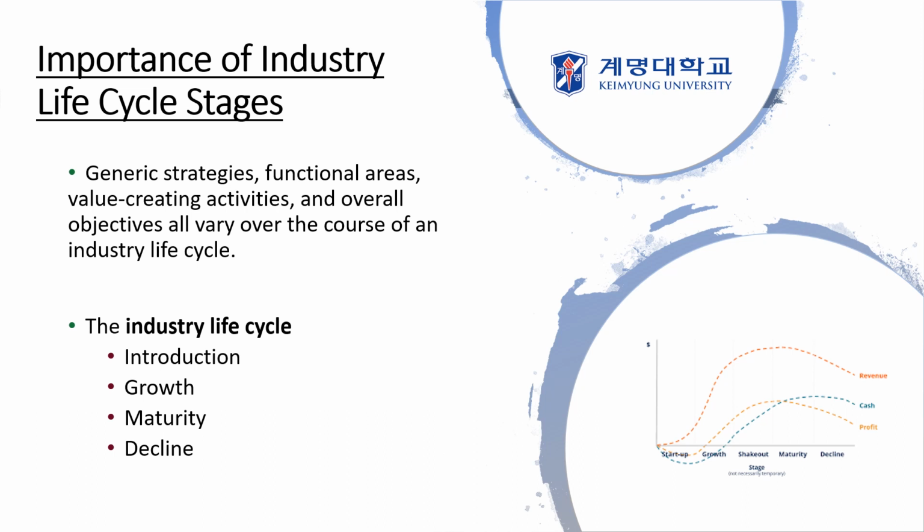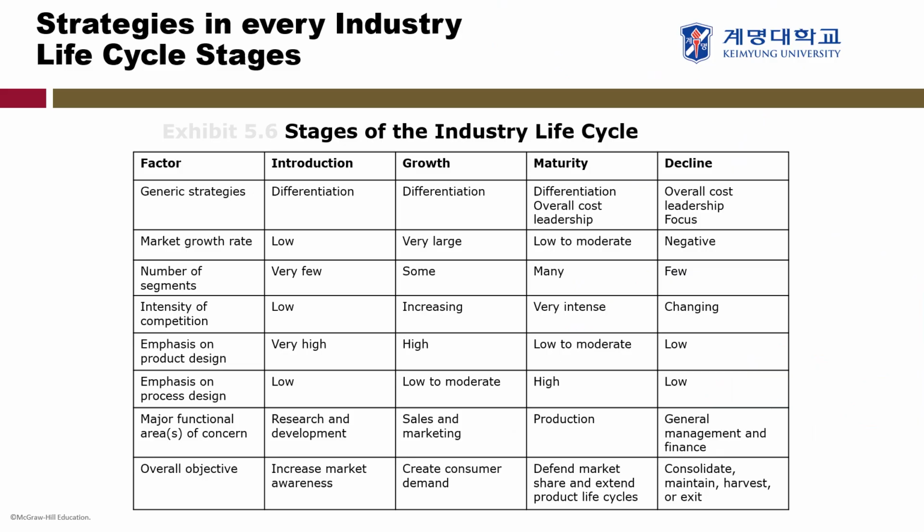The maturity stage of an industry can be transformed or followed by a stage of rapid growth, if consumer tastes change, technological innovations take place, or new developments occur. So this is the complete picture of the stages of the industry life cycle.